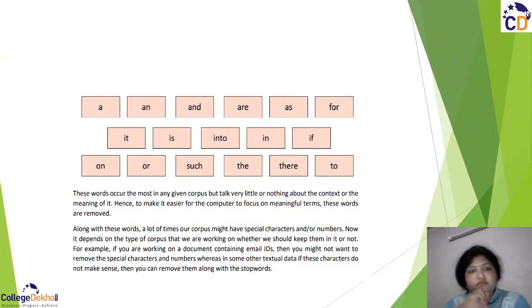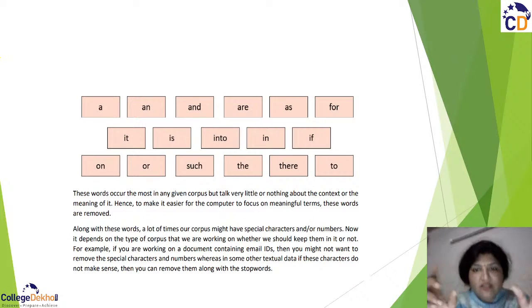These words occur the most in a given corpus, in every sentence, but say very little or nothing about the context or meaning of it. Hence, to make it easier for the computer to focus on meaningful terms, these words are removed. They are not the keywords; they are just giving a grammatical body to the language, right?